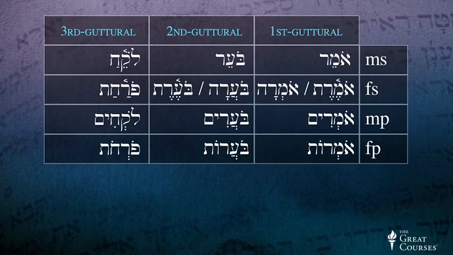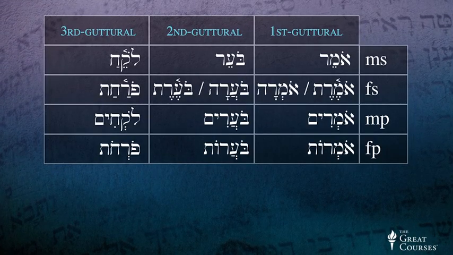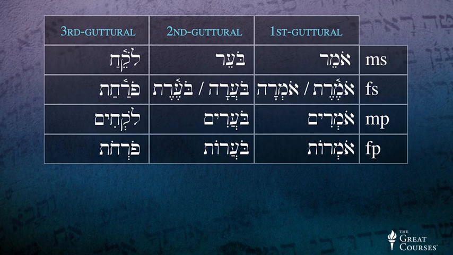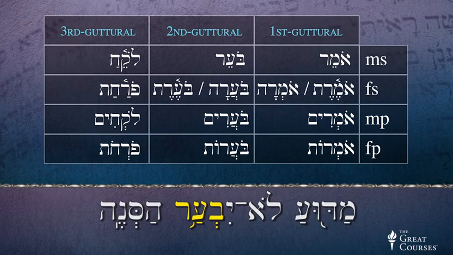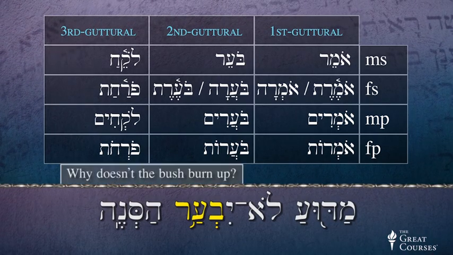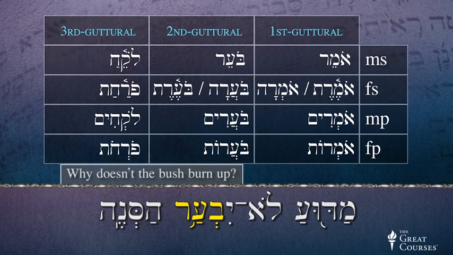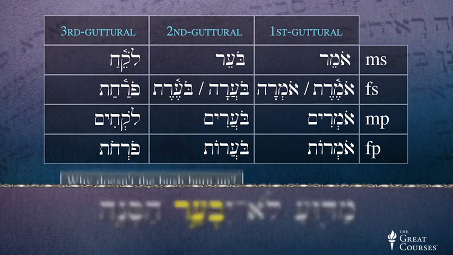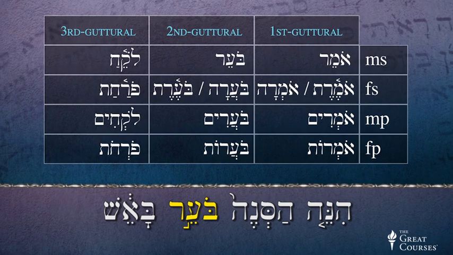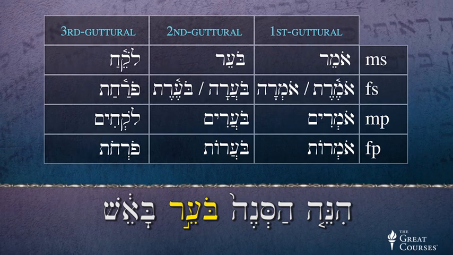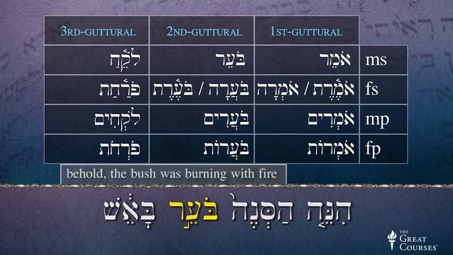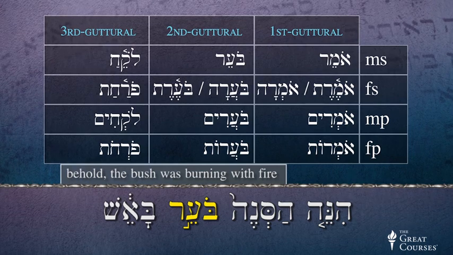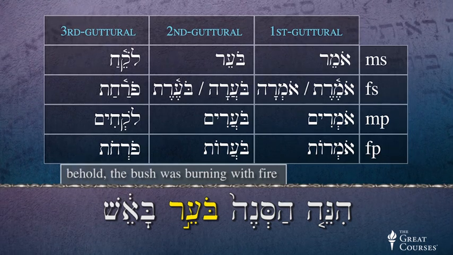Let's look at those forms. You remember Moses in Exodus 3:3 asking, Madua lo yiv'ar hasneh? Why doesn't the bush burn up? He asked this question because in the previous verse, Hine hasneh bo'er ba'esh. Behold, hasneh, the bush, was burning with fire.